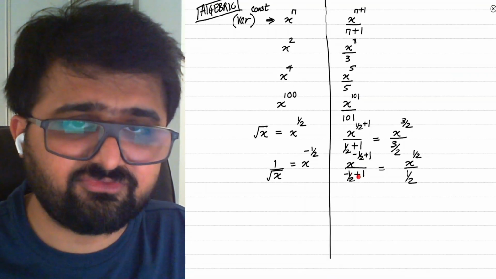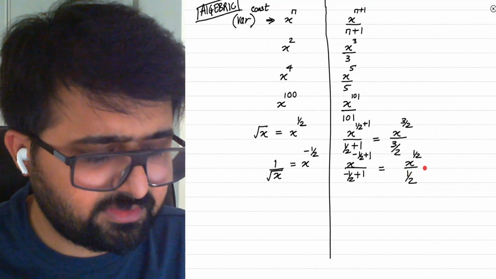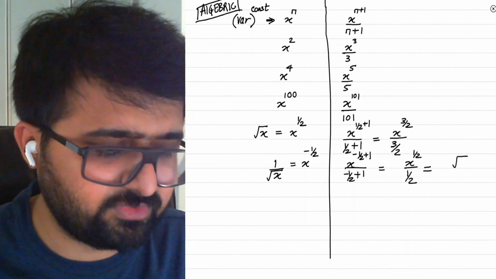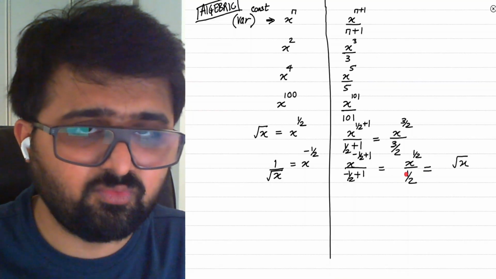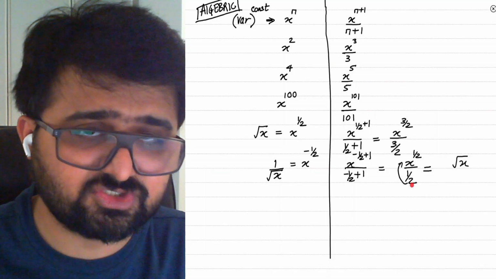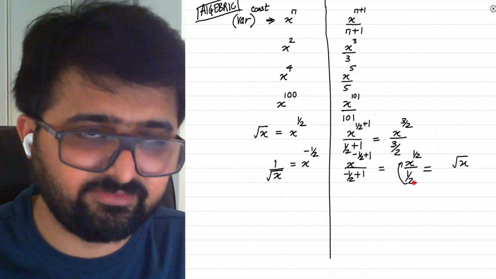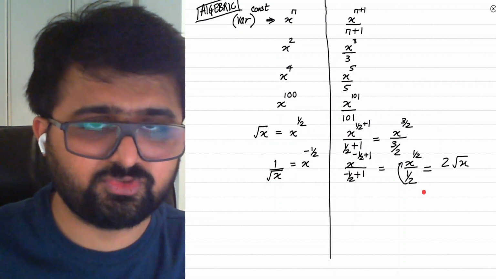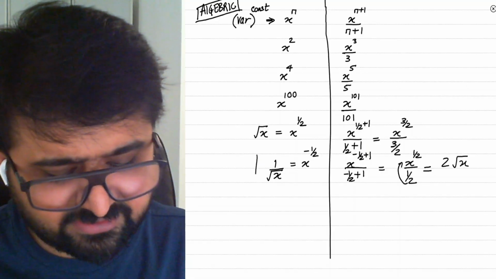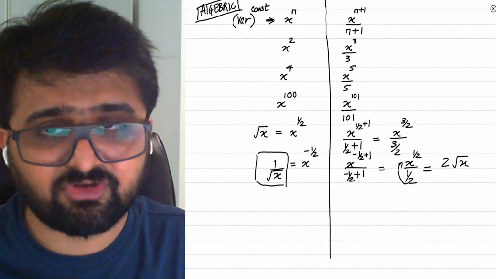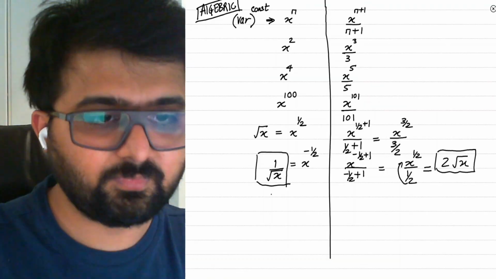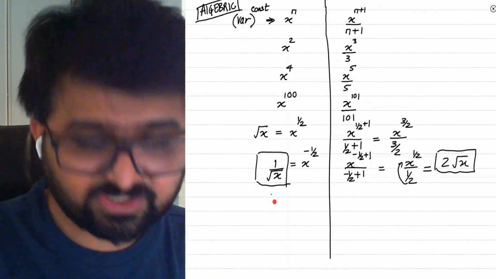Now we can simplify this further, because x to the power half is root x, and the 1 divided by 2 in the denominator can be taken in the numerator. So it will be 2 square root of x. This is a standard result: for 1 over square root of x, the integration is 2 square root of x. Okay, let's take one or two more examples.